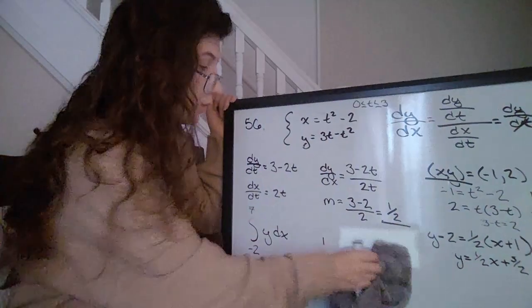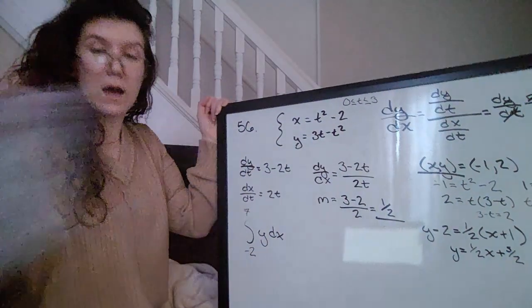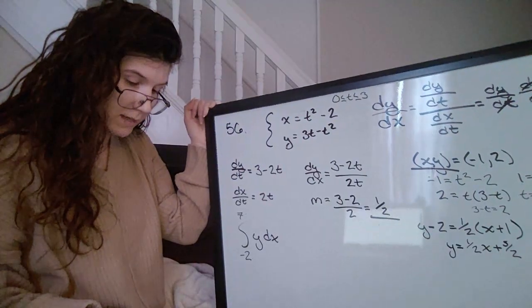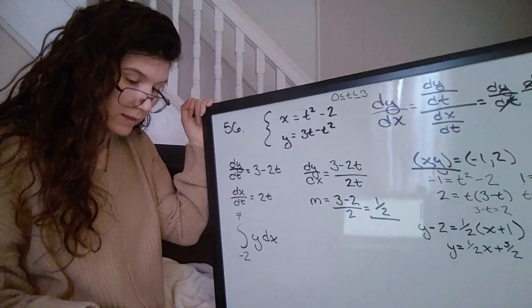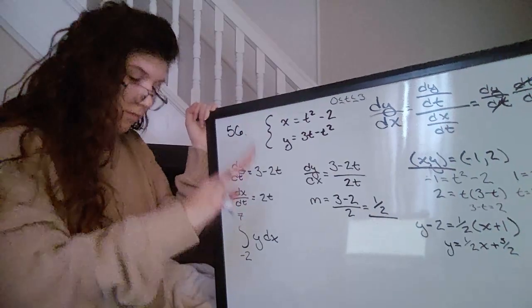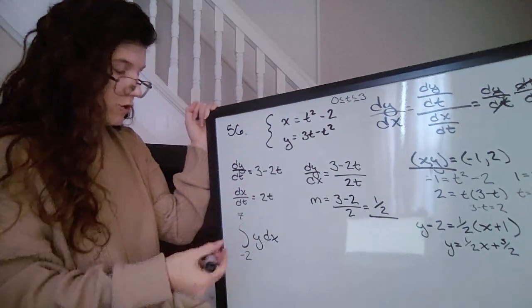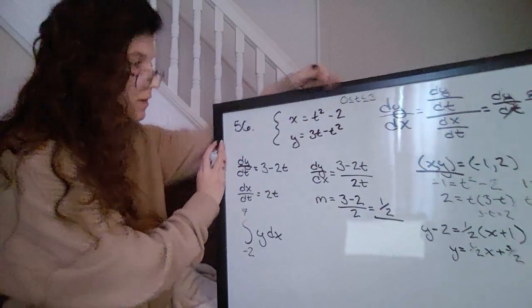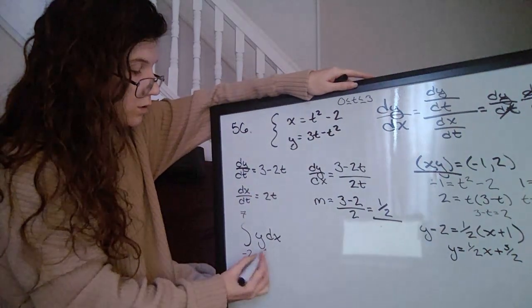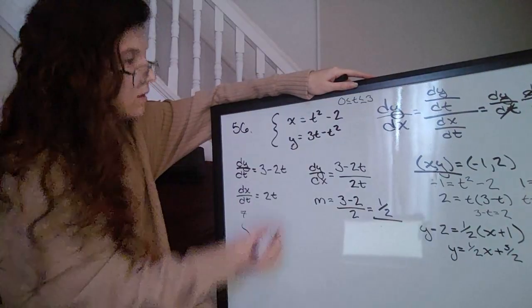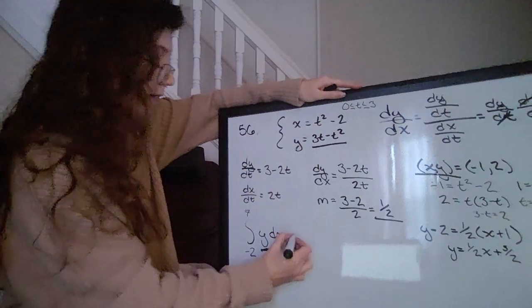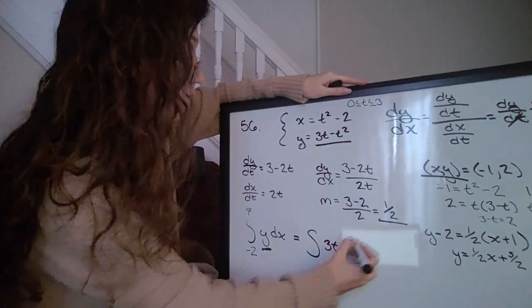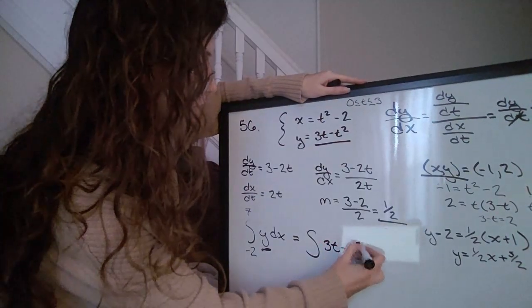So what I need, since I don't have this with respect to x, I need to enter this with the information that I have, and it is going to end up being with respect to t. I know what y equals with respect to t. y equals that. So I could say 3t minus t squared.